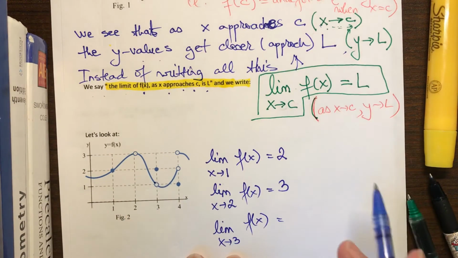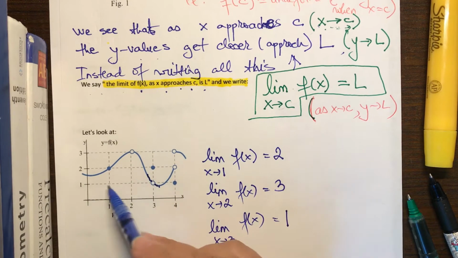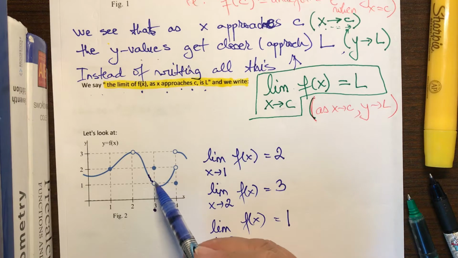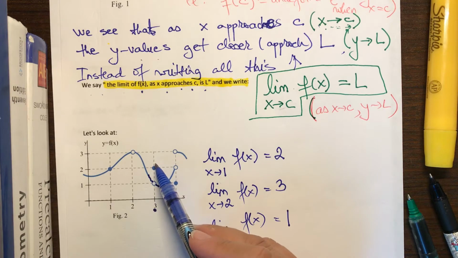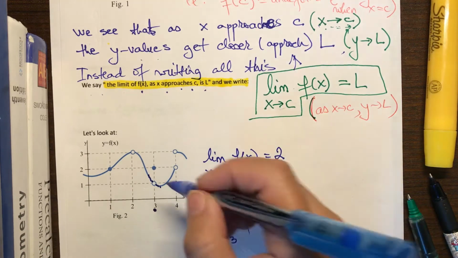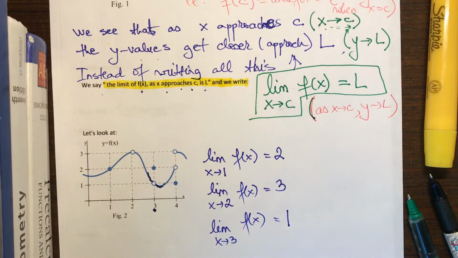So from either way, as x gets closer and closer to 3, the y values get closer and closer to the number 1. Now, I again am not interested in the fact that when x in fact equals exactly 3, the y value is a 2. I'm only interested in what happens as I'm merging onto this x value of 3.